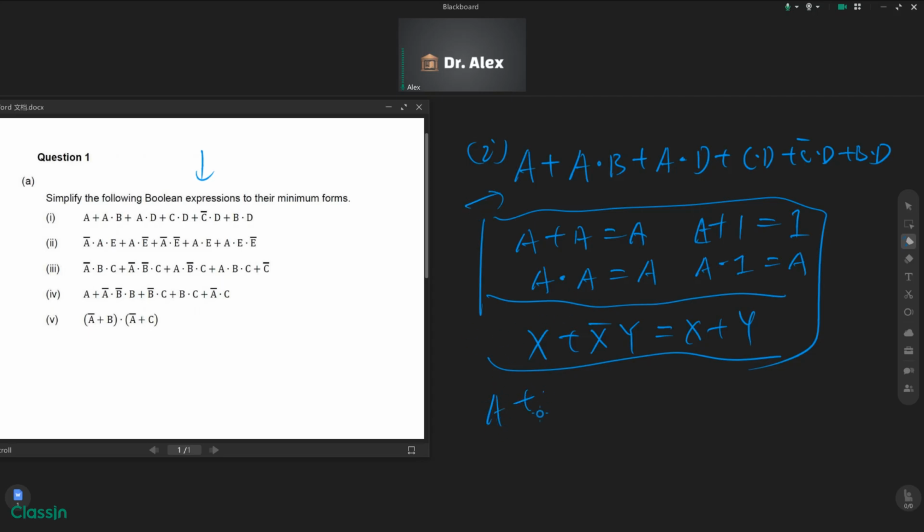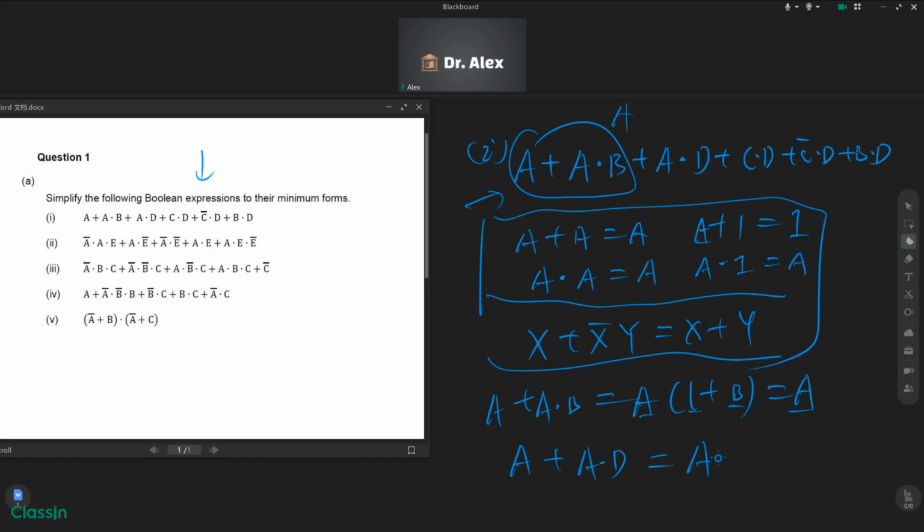So A plus AB equals A times 1 plus B, which is A, because 1 or B is 1, and 1 and A is A. So these two are A. And A plus A and D similarly equals A as well.